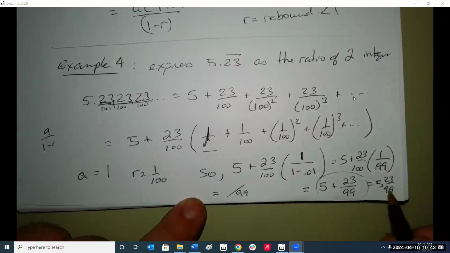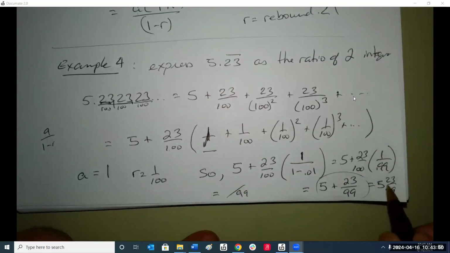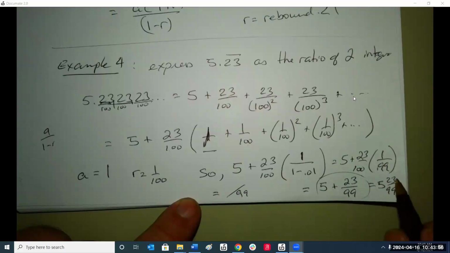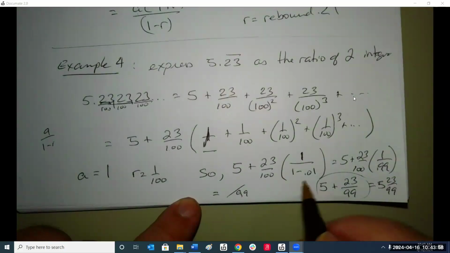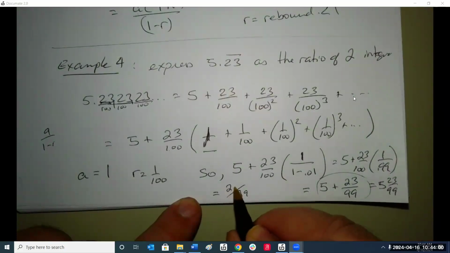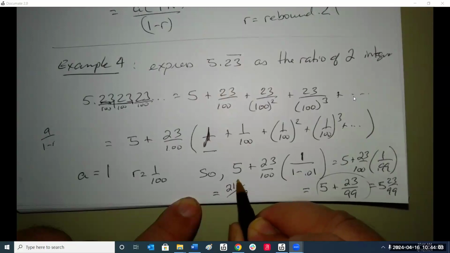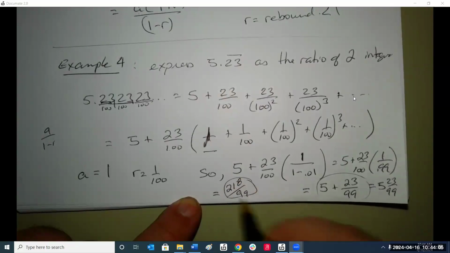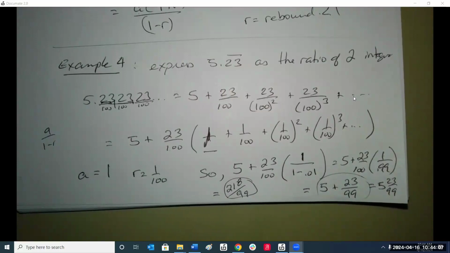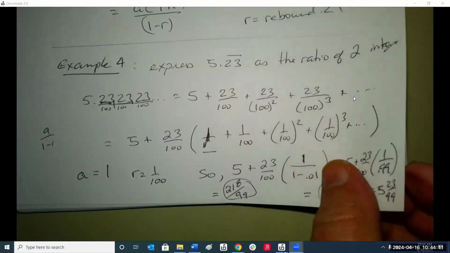The denominator is 495, plus 23 is 518. That's the answer. That was a painful one.